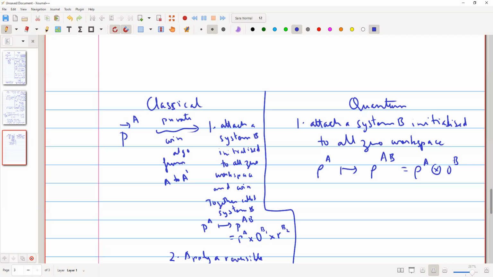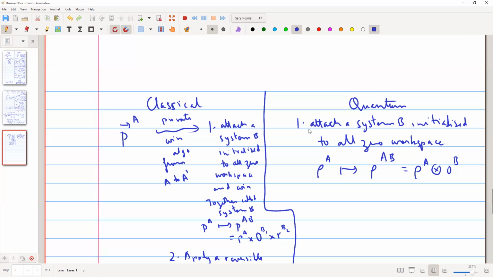The only difference is that in the classical world, the most that I'm going to allow are probability vectors on the 2 to the 10 dimensional space. Quantumly, I'm working in an inner product space, so I'll allow any complex vector on this 2 to the 10 dimensional space. So that's the difference. The dimensionality of the space is the same.